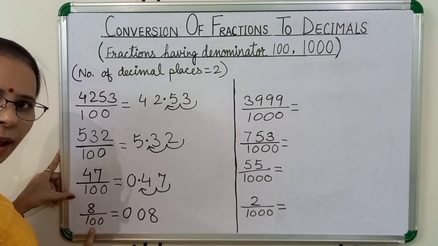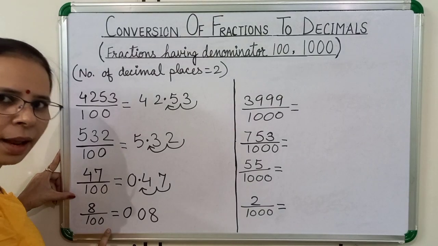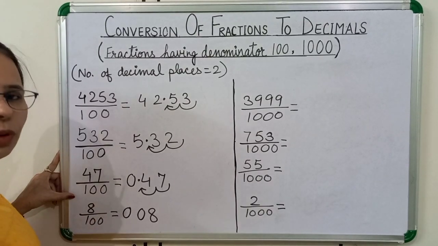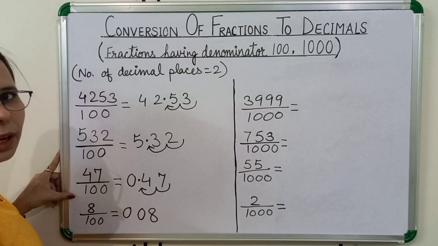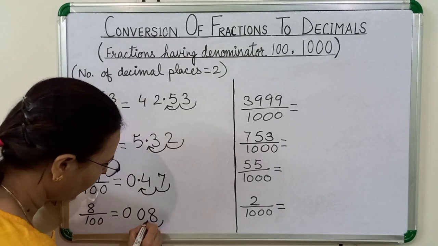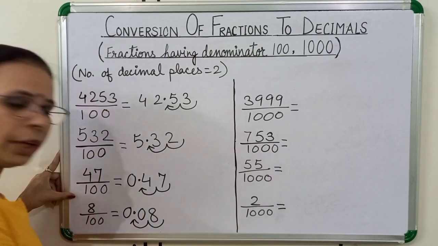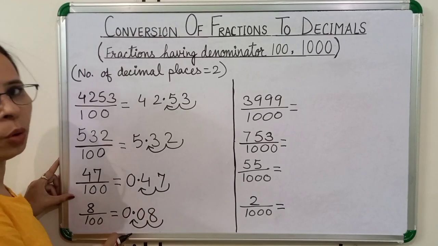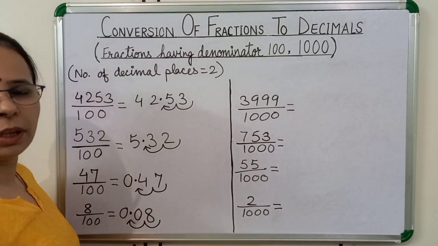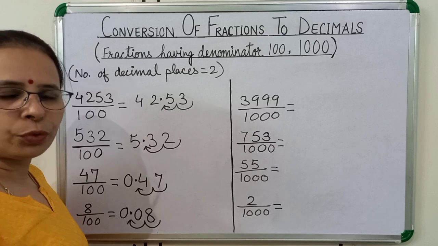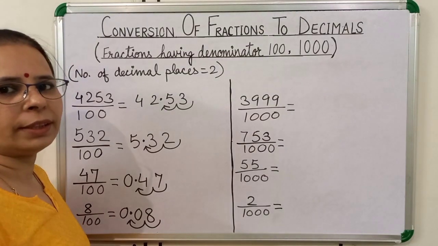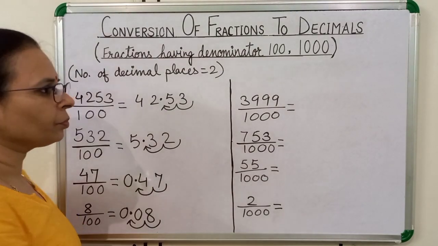Now you can see here denominator has 2 zeros. So we will count 2 places to the left and put decimal point. Thus we get 0.08.